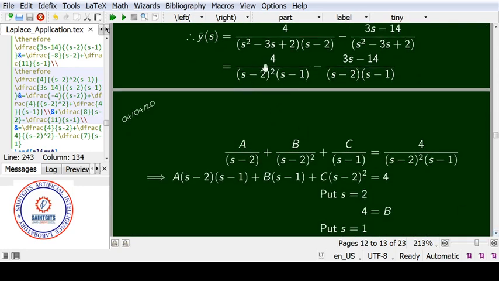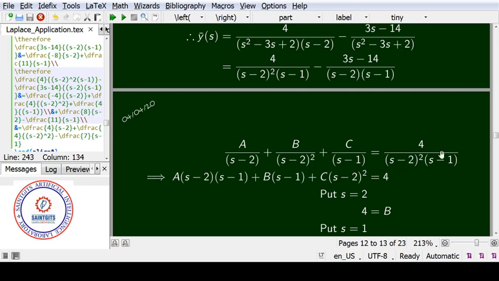First of all, I take this expression, 4 by s minus 2 the whole square into s minus 1. I write it in partial fraction form: a divided by the base form of s minus 2 whole square, which is s minus 2, so a by s minus 2, plus b divided by the next power, s minus 2 the whole square, plus c divided by the next factor, c by s minus 1.